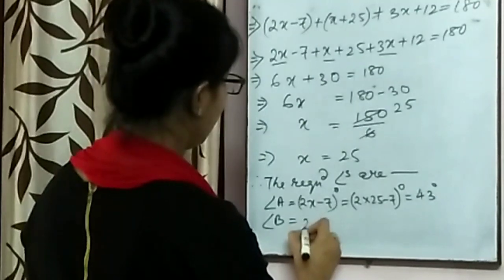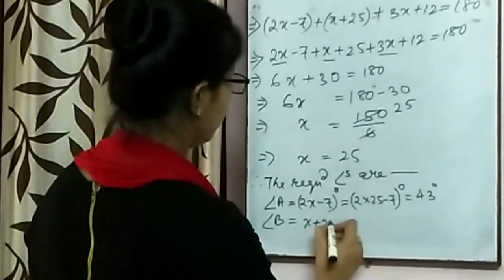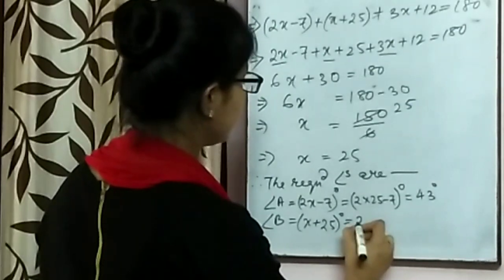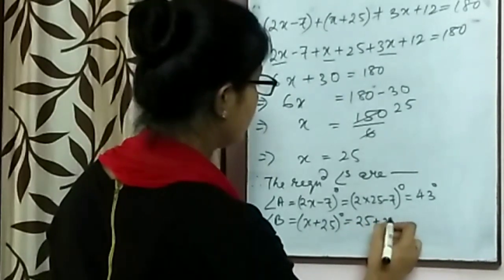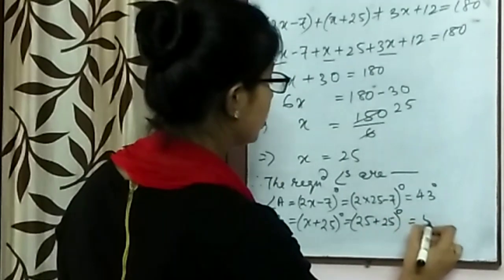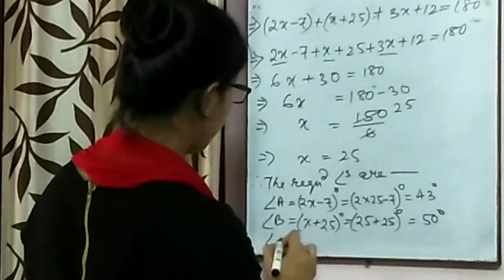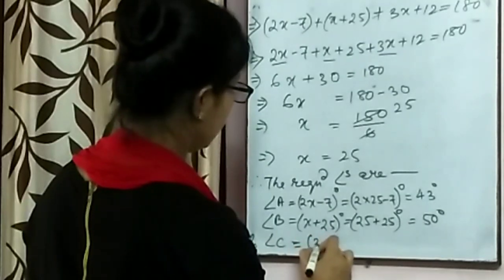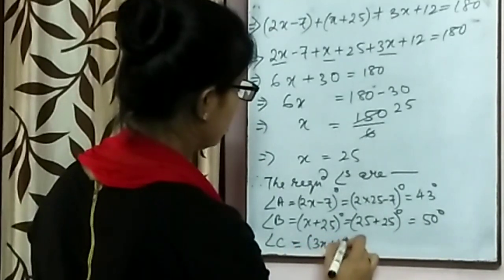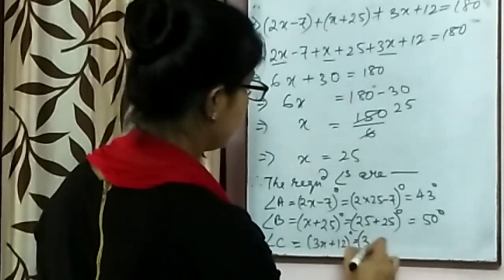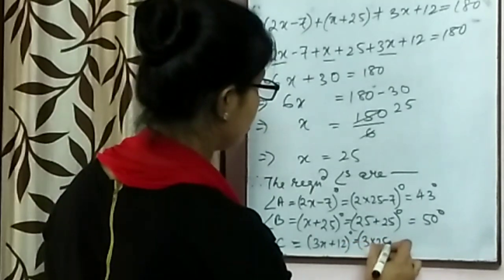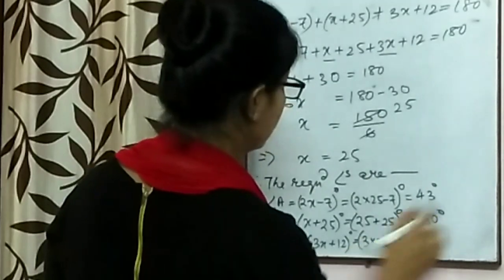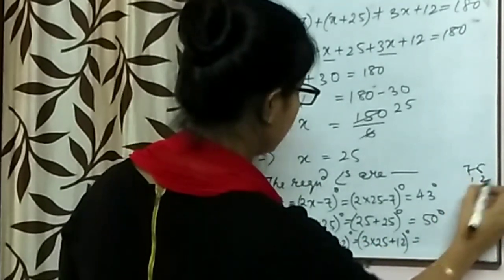B, x plus 25 degree, x is 25 plus 25, so it is 50 degree, and C is equal to 3x plus 12 degree, 3 into 25 plus 12, so it is 75 plus 12.